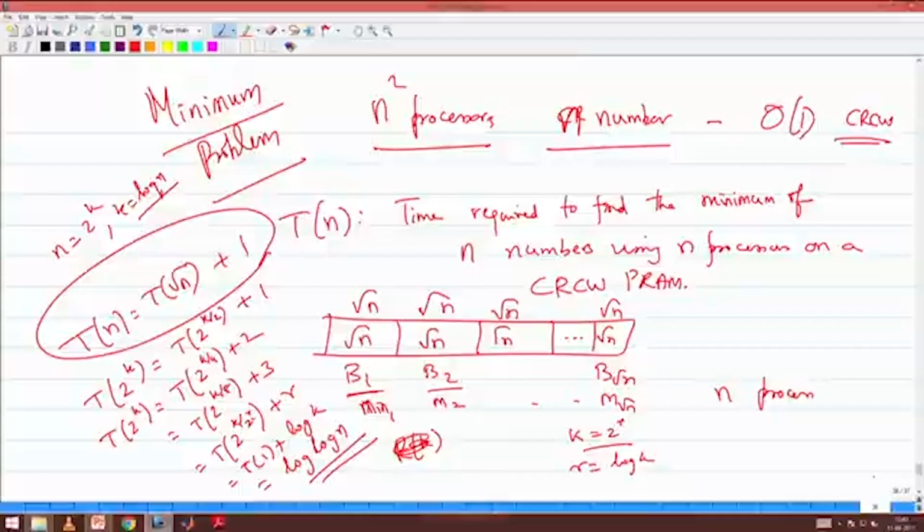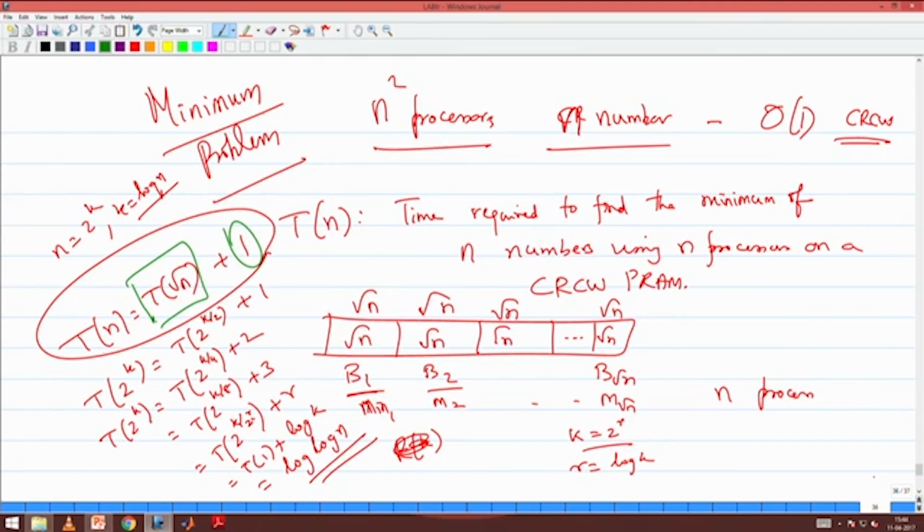Root n numbers and n processors will take constant time. So that is how you get this 1 here. And since every processor is executing concurrently, I do not need to multiply this with any factor, because all root n subproblems are solved concurrently, each by its own set of processors.